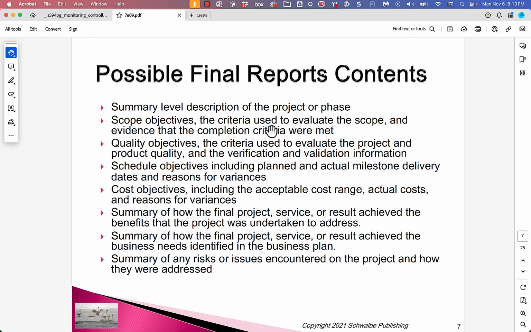Okay. The downside: it may not be politically appropriate for you to make every point that you'd like to make. The organization from the top may have a point of view about how this project went. This is true in a couple of slides when we talk about the lessons learned report.